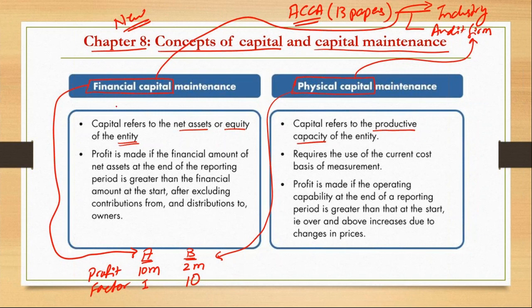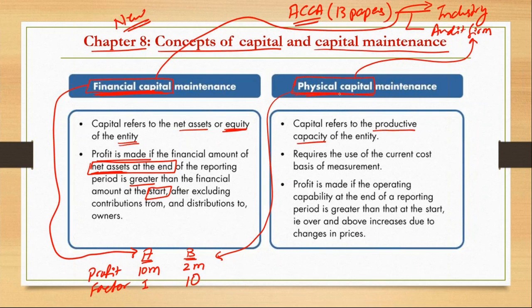So now, in case of financial capital, profit is made if the net assets at the end are greater than the net assets at the start. So we say that the profit is the increase in the net assets, or the increase in the equity is the profit for us.